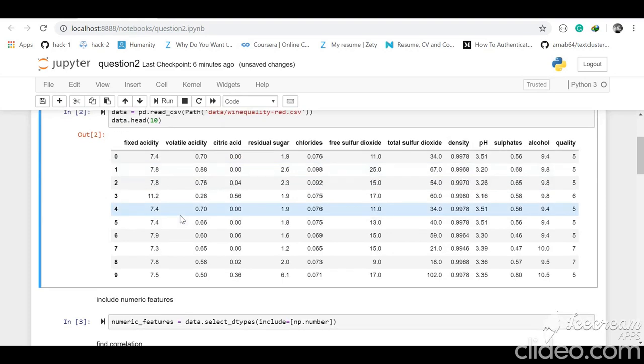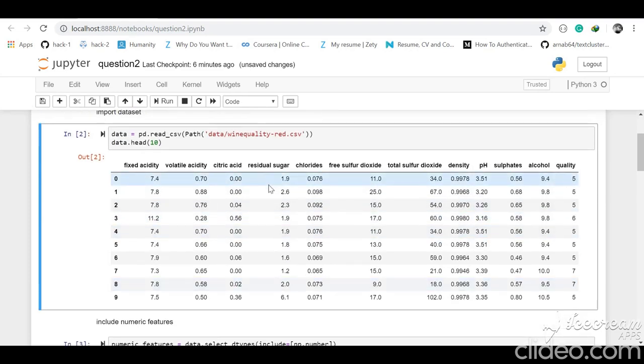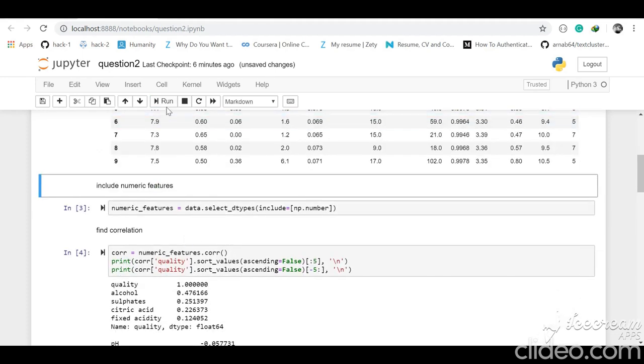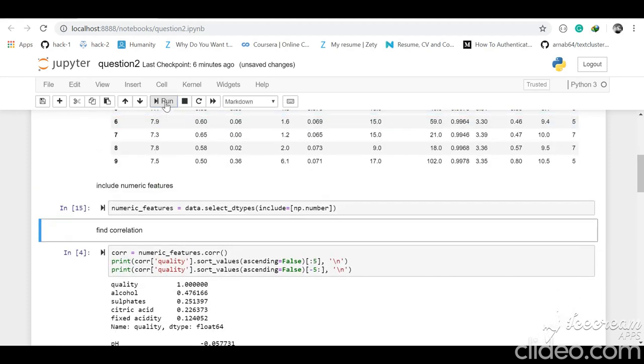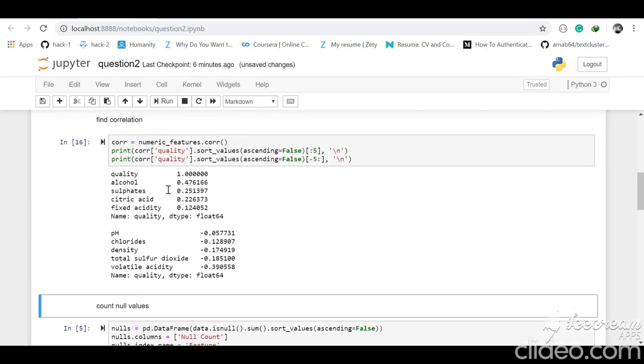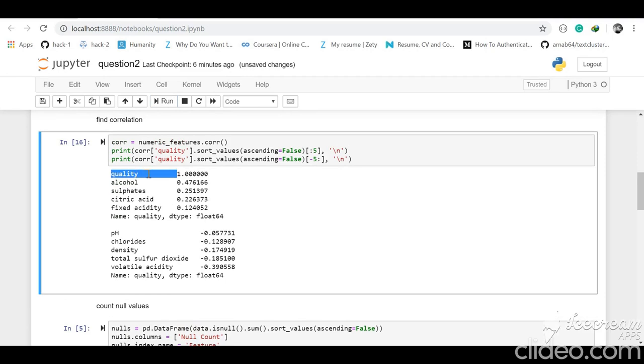If we see the first 10 data points of the data set, we could see columns like fixed acidity, volatile acidity, citric acid, etc. We also need to include the numeric features, and if we find the correlation between the data columns, we could see the first one is quality. Quality is 1 because we are finding the correlation between quality and quality itself.